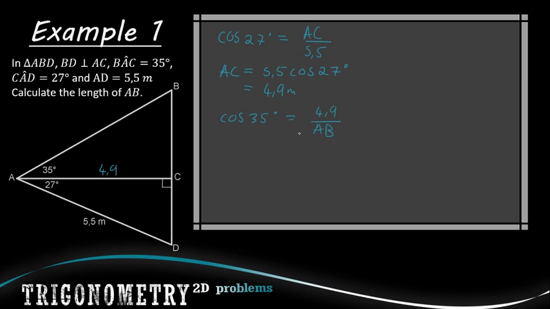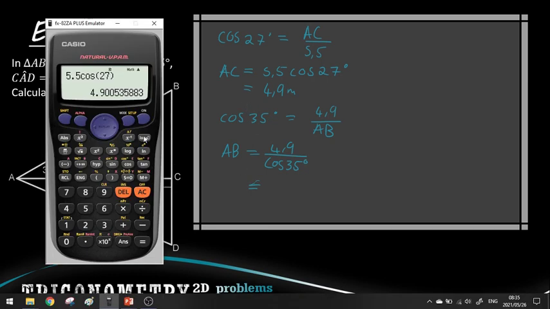And then when I solve for AB, AB goes up and cos 35 comes down. So AB is equal to 4,9 over cos of 35 degrees. That then gives me, if I put that into the calculator, 4,9 times cos 35.